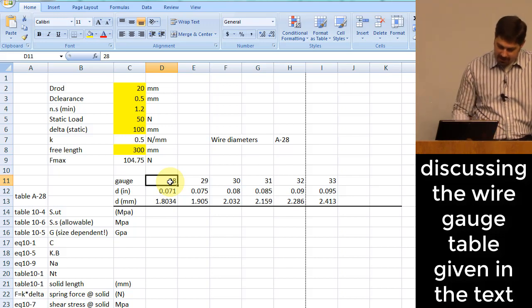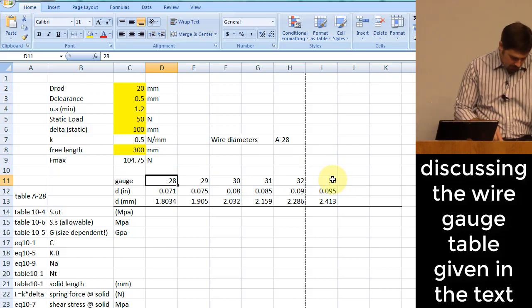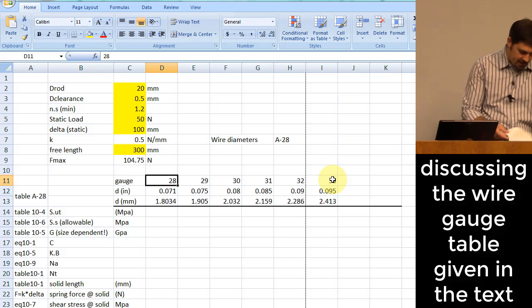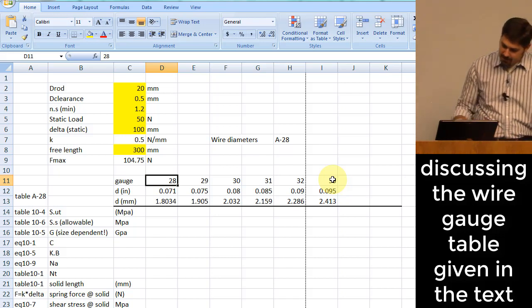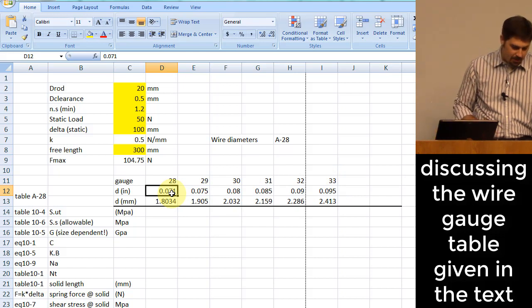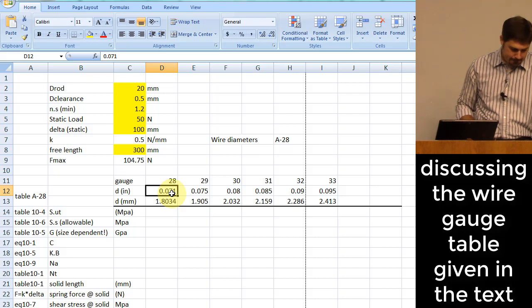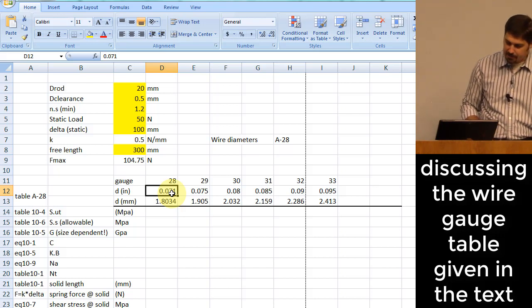I'm looking at 28 gauge through 33, basically, for the little range that I'm going to be considering. That happens on the second page of the table. Hopefully I didn't make any errors as I transcribed the different diameters in inches into my sheet here. If anyone sees any errors there, please let me know.